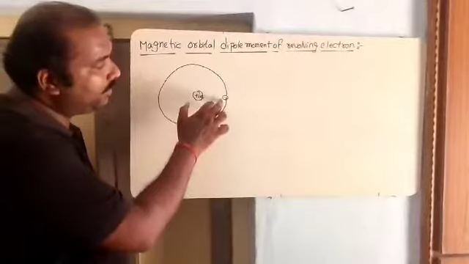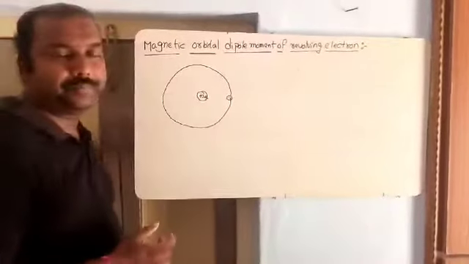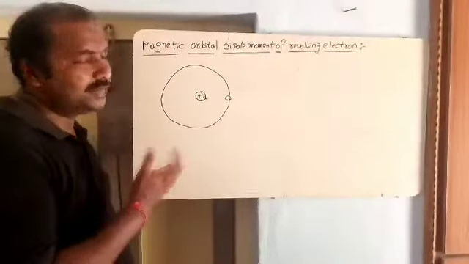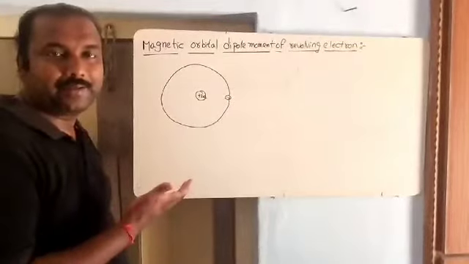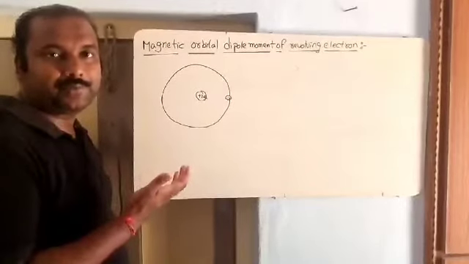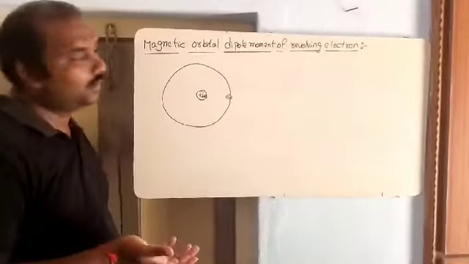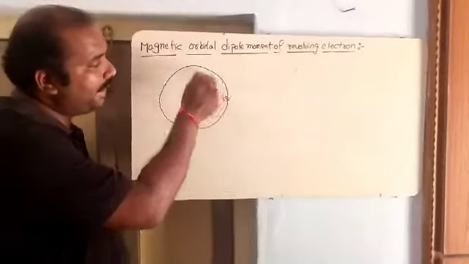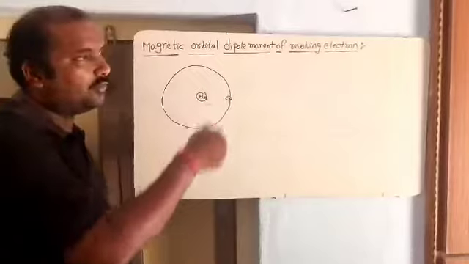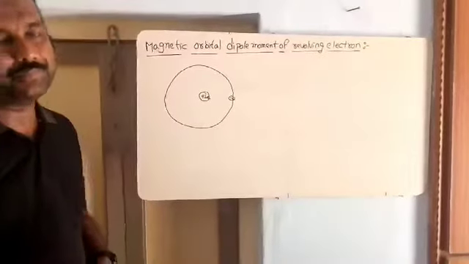Since the electrons are revolving in a circular orbit, definitely centripetal force comes into action. That centripetal force and the coulombic force are balanced. If it is revolving anti-clockwise, the conventional current will be moving clockwise.